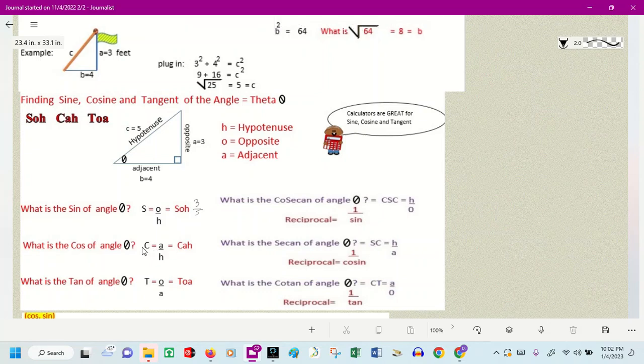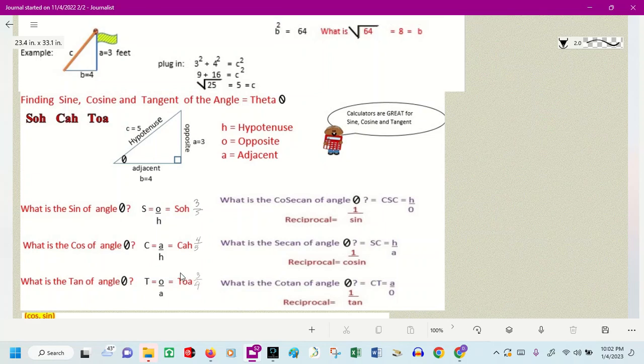Correct? Now, for the angle theta, the cosine is adjacent over hypotenuse. And for the tangent of that angle, that is opposite over adjacent. That's how simple it is.